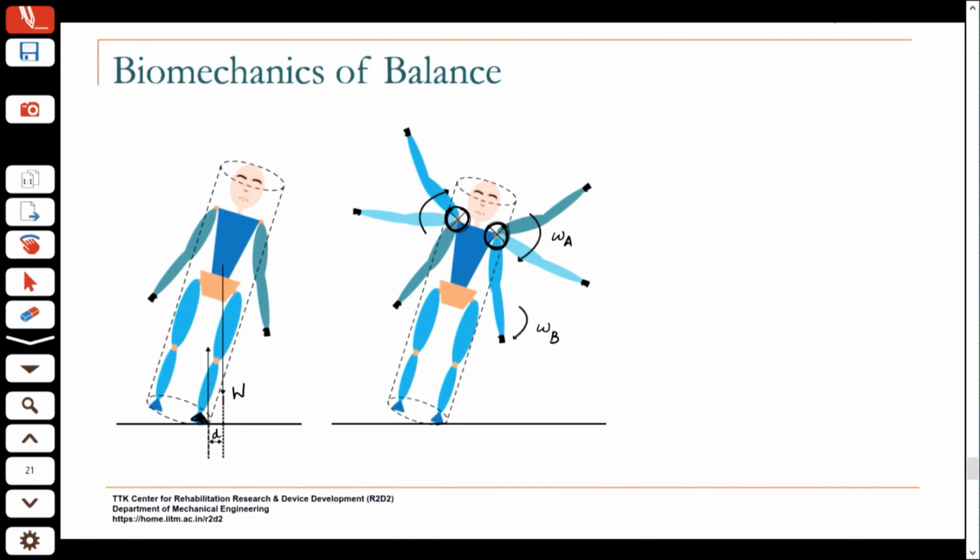So, I start rotating my arms in the same direction that I am toppling, I am falling like this, but I start rotating my arms.